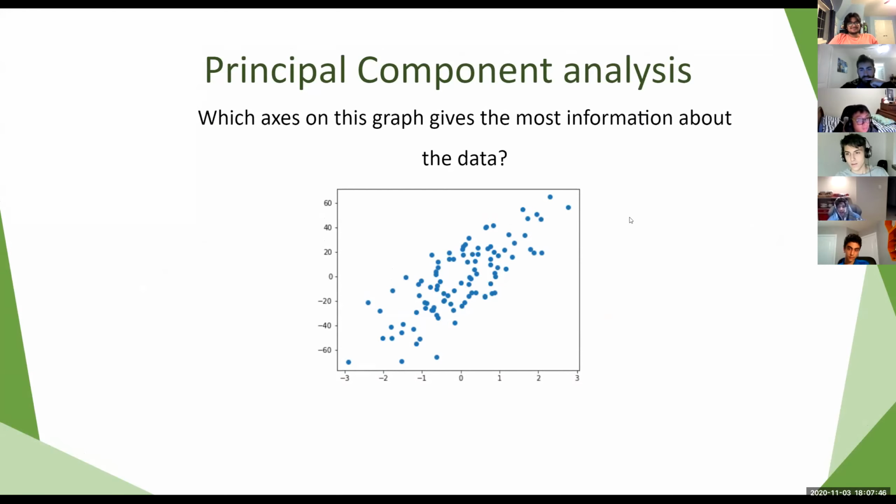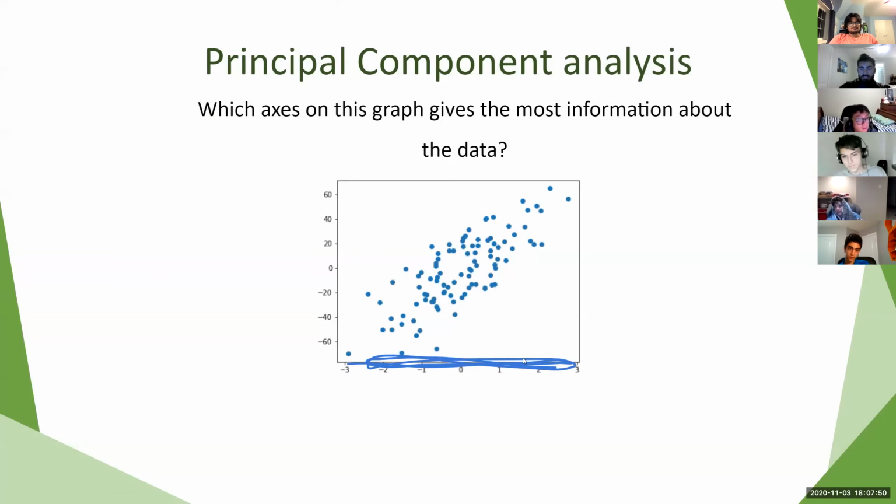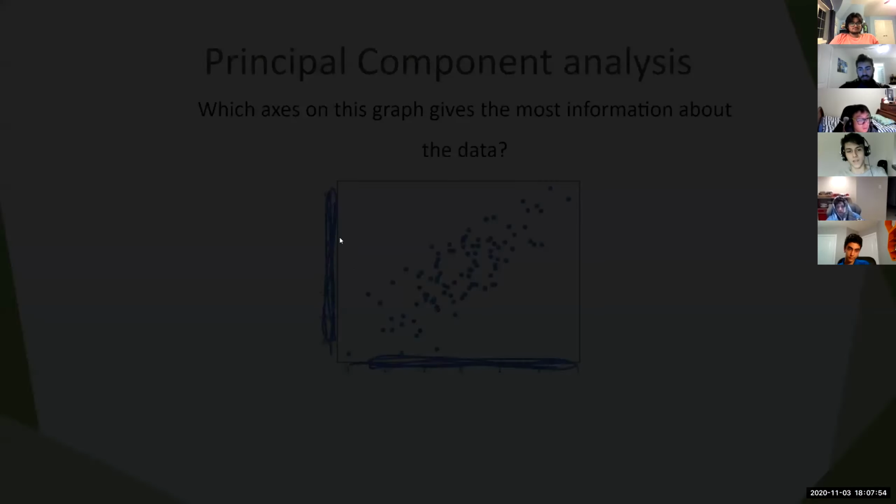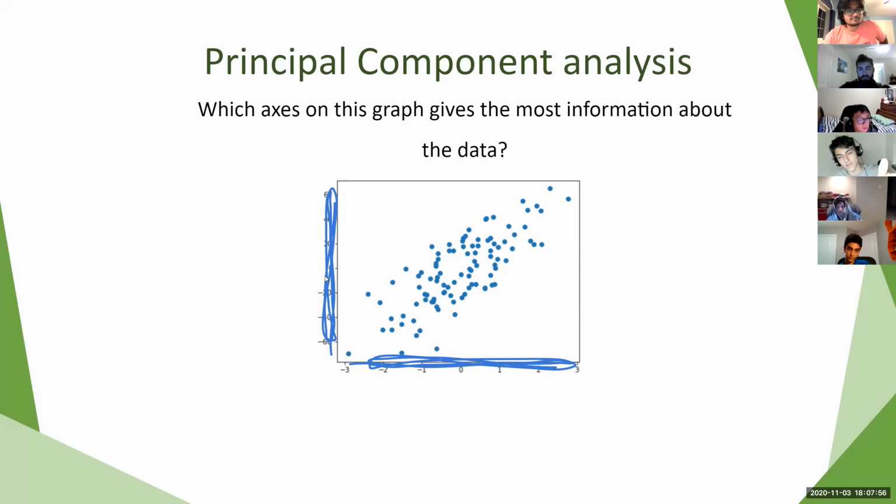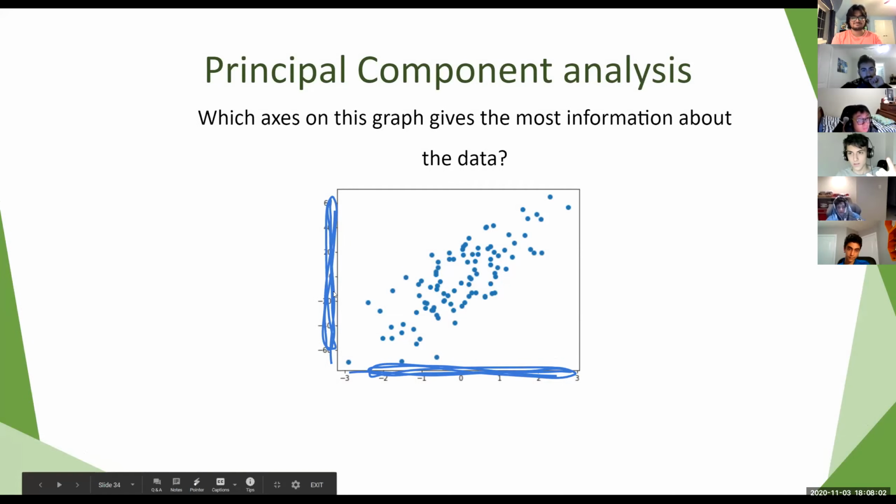The axis isn't labeled at all. So think about it this way. The x-axis only has this amount of variance, and the y-axis only has that amount of variance. But if we stopped thinking about which axes are labeled, the axes with the most variance are actually these two.